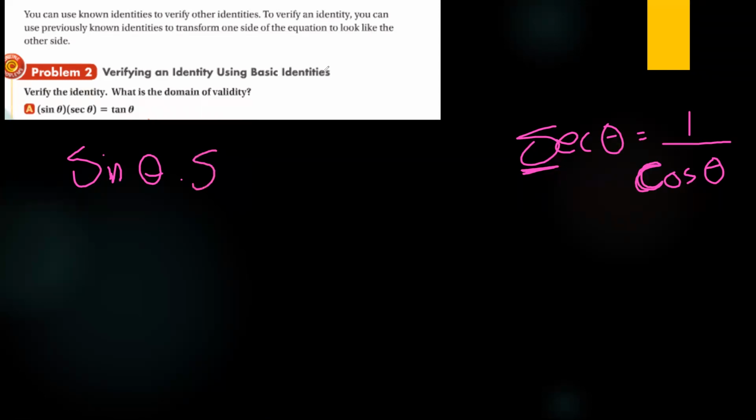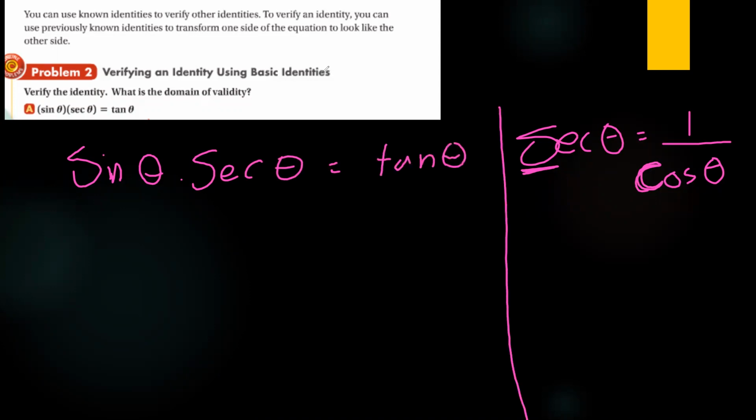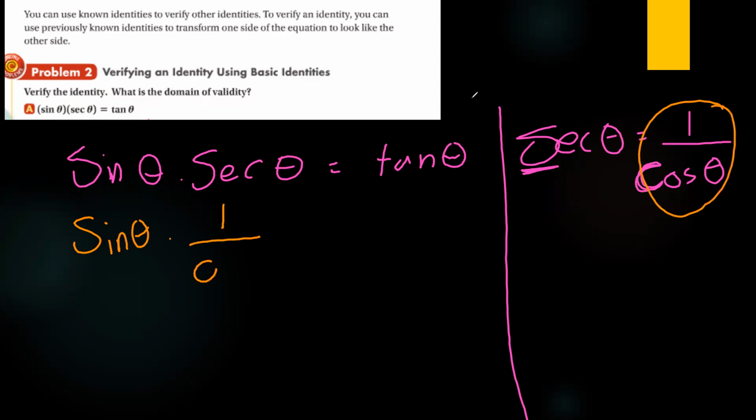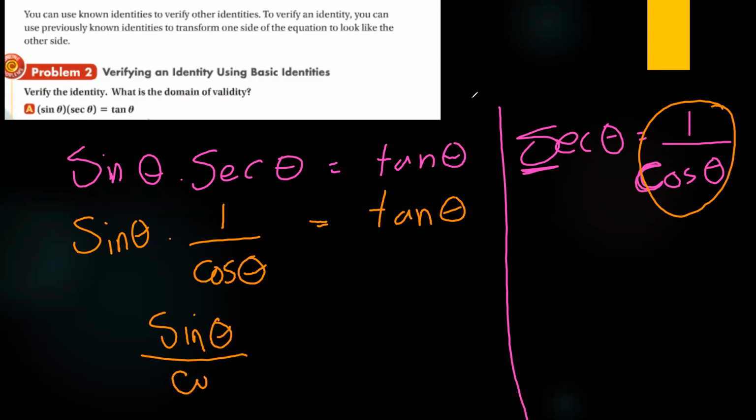So we have sine times secant is tan. We want to verify it. Sine theta times, now you have to replace secant with 1 over cosine, equals tan. Then let's multiply here. Sine times 1 is sine over cosine.